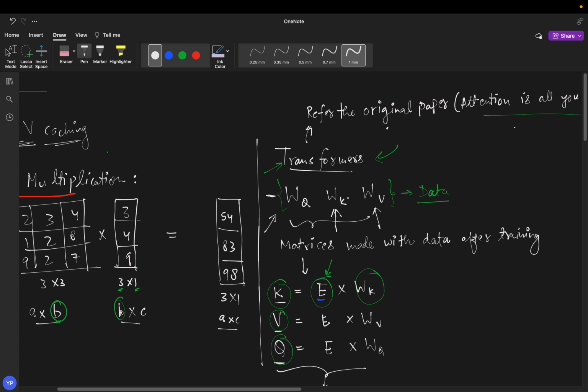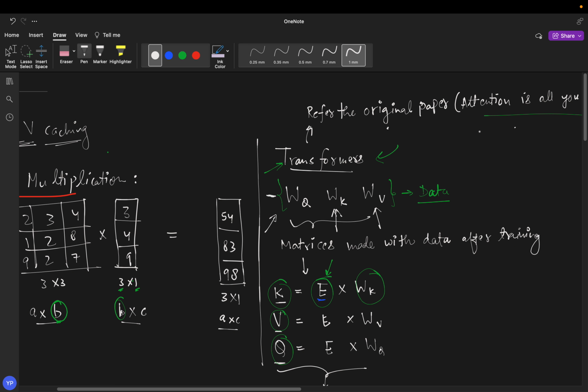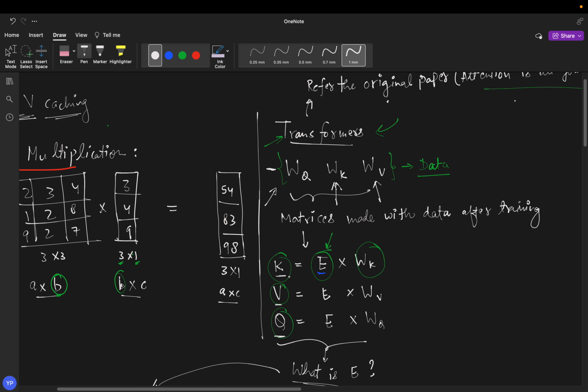How? Let's see that. To generate the next set of tokens, we need three new matrices called K, V, and Q. If you refer to the original Attention Is All You Need paper, you will see the mention of these three matrices, and the actual formula for computing attention uses all three of these.